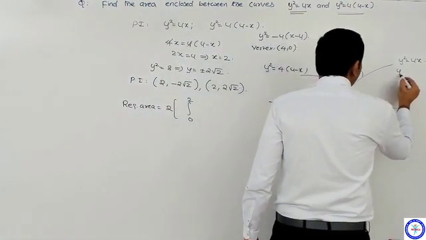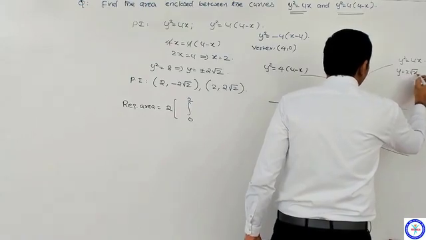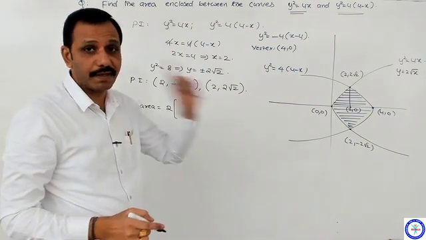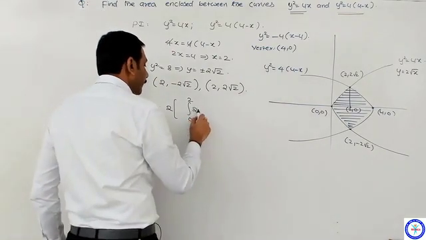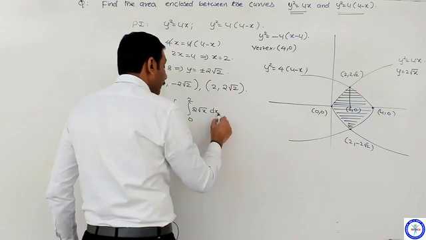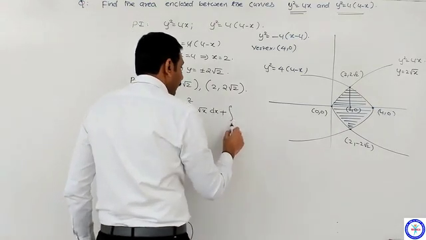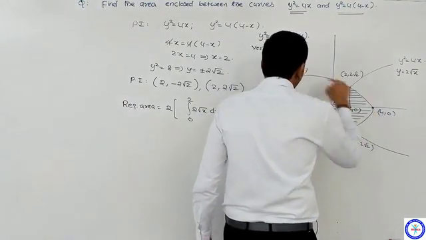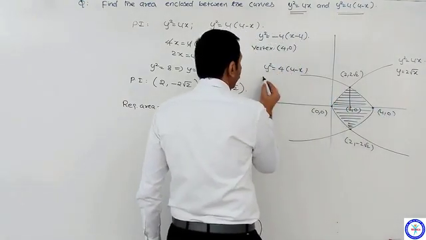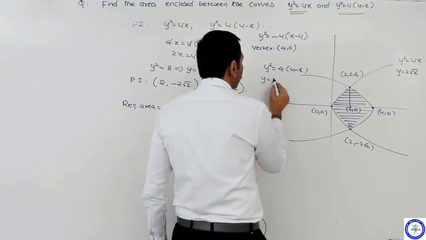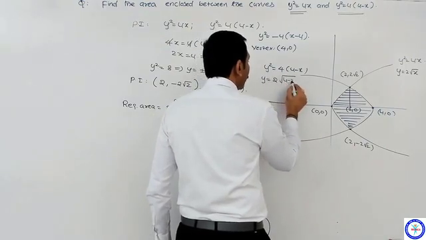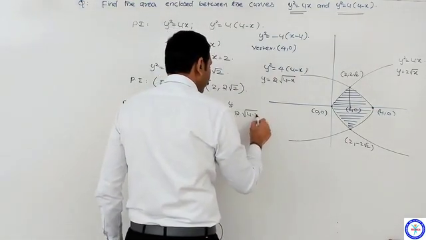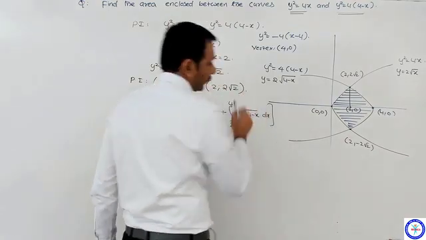Y square equal to 4x means y equal to 2 root x is this curve. I need to express y in terms of x. It is 2 root x into dx plus integral 2 to 4 bounded by this curve. What is this curve? Y square equal to 4 into 4 minus x means y equal to 2 into root of 4 minus x. It is 2 into root of 4 minus x into dx.